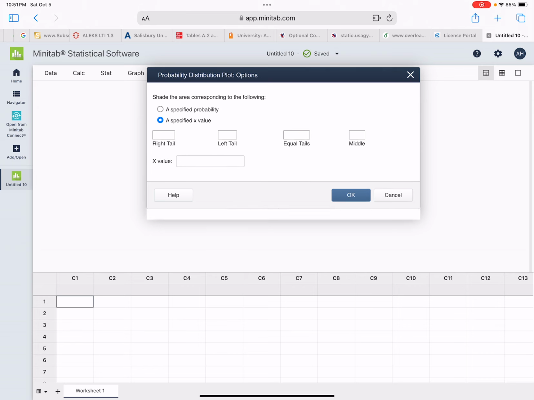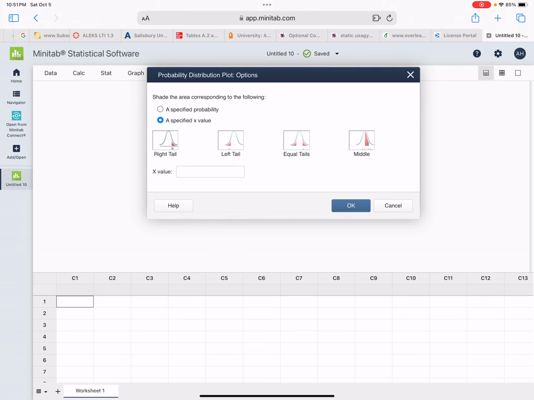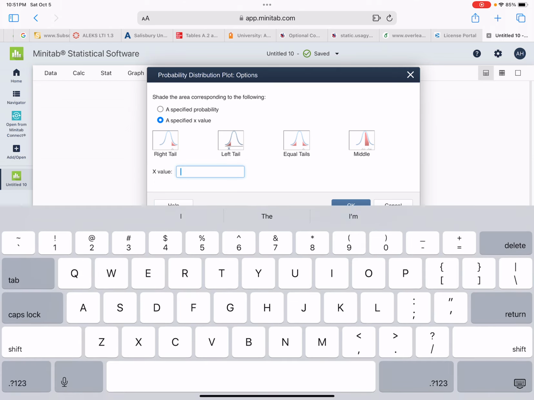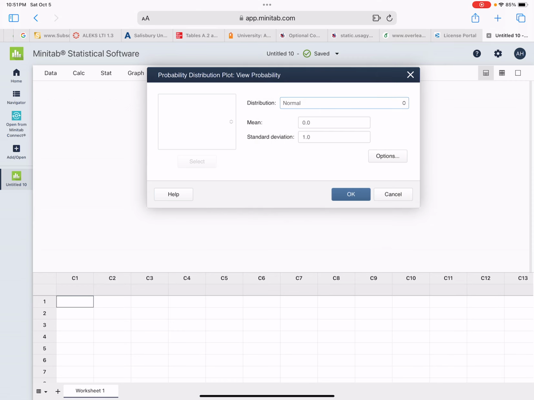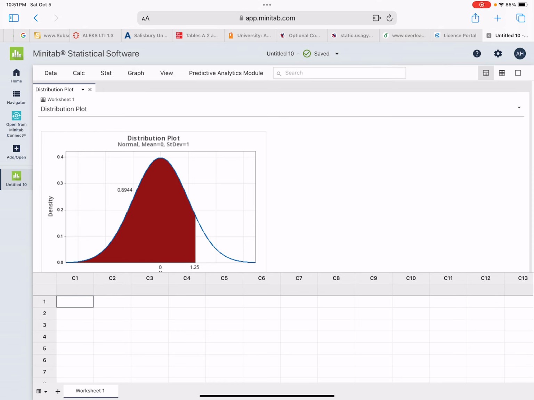At this point, we want to choose Specified X Value. I know we're talking about Z's, but they call it X right now. For the first one, we want to make sure that we've chosen left tail because we want to find the area left of our value. And our value is 1.25. And sure enough, 0.8944, just like we had before.